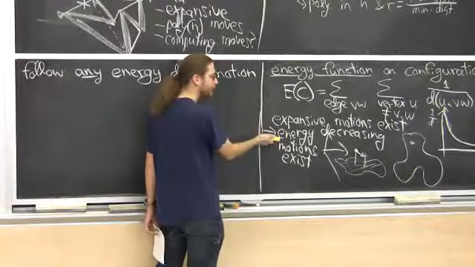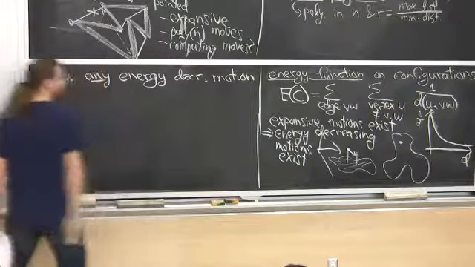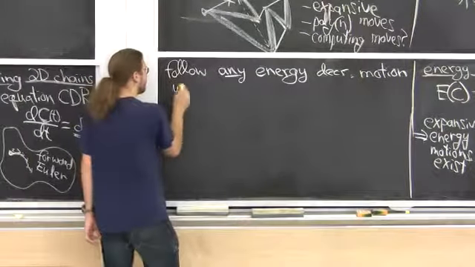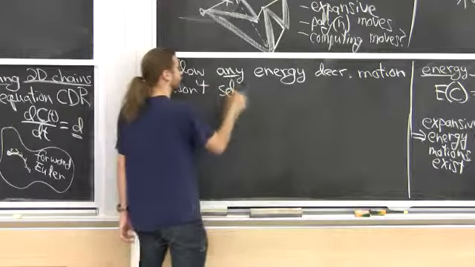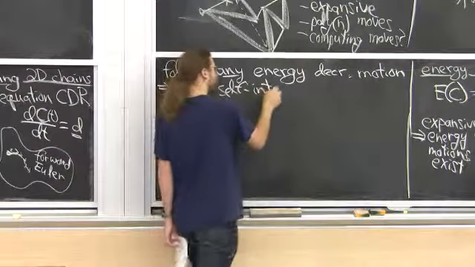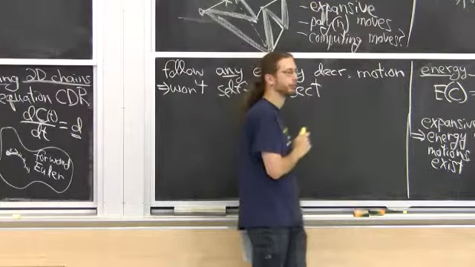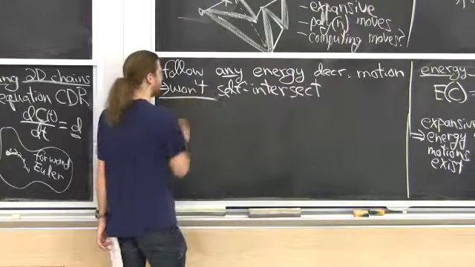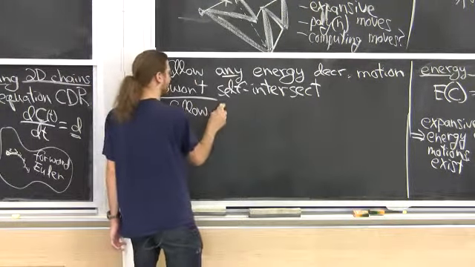We know that there are energy decreasing motions because there are expansive motions. But let's just take any energy decreasing motion, sort of expansive on average. Then it won't self-intersect. Because if energy decreases, it'll never get to plus infinity, and therefore none of the distances will go to 0. So what this algorithm does is follow the gradient.